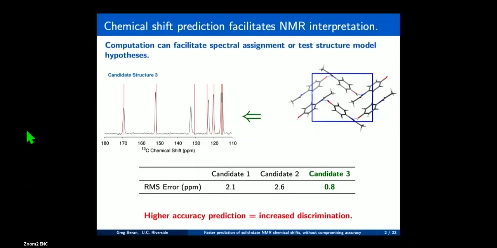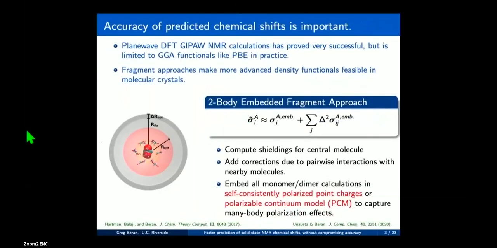Now, in this sort of process, obviously, the more accurately you can predict those chemical shifts, the greater the discrimination you're going to have between the correct and incorrect structural models. So in the solid state community, many of you in here who are in that field have probably used CASTEP or similar codes with the GIPAW approximation for plane wave DFT.